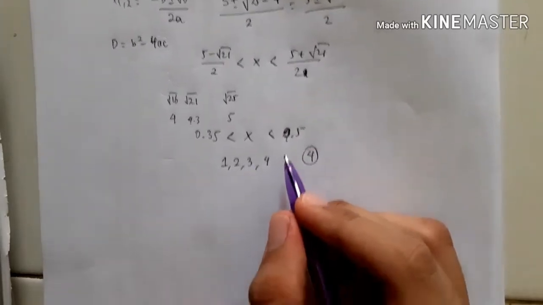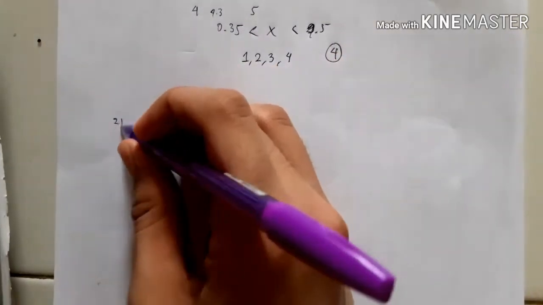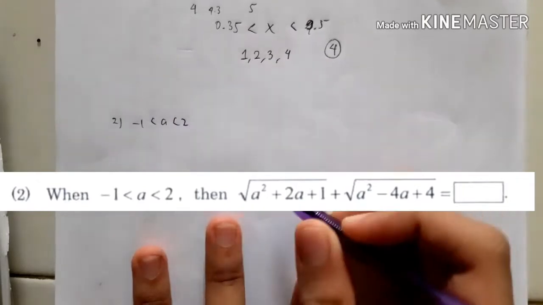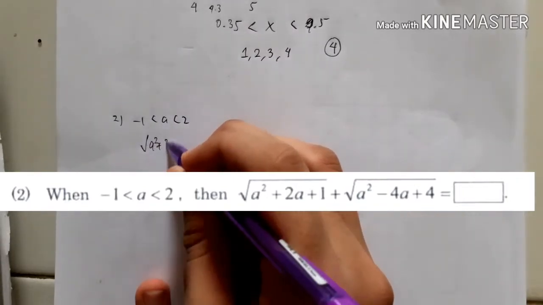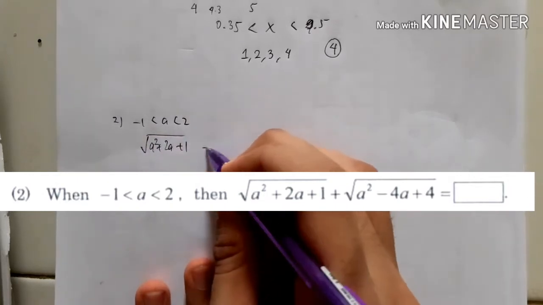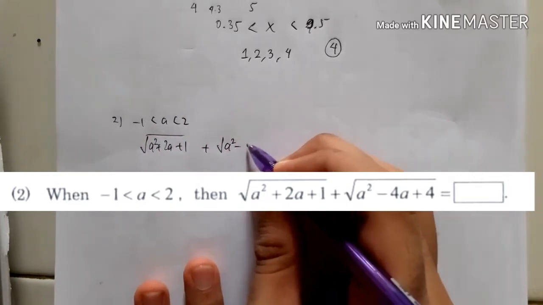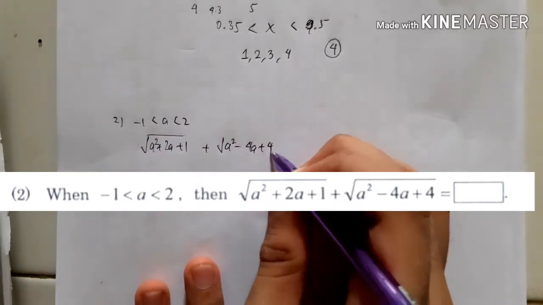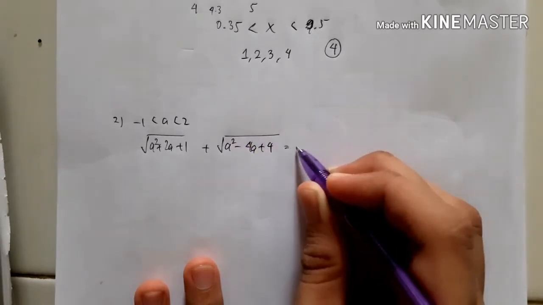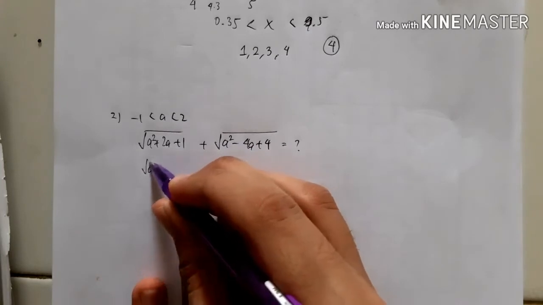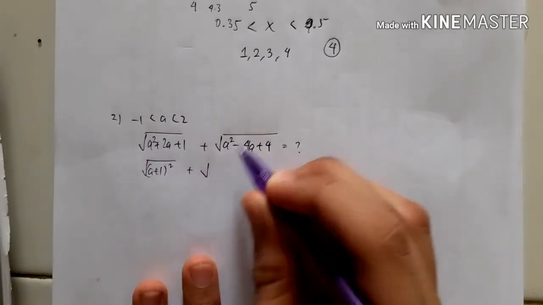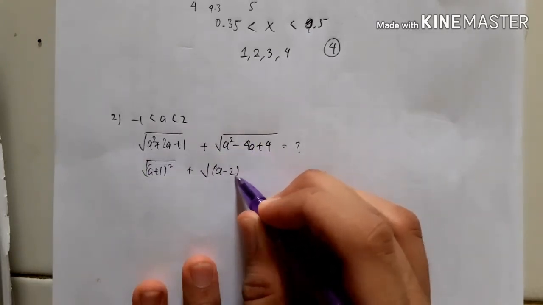Okay, now for number 2 we have the interval, and then the root of a squared plus 2a plus 1 plus the root of a squared minus 4a plus 4 equals what? We can factorize into this form, and shorten it into this form.